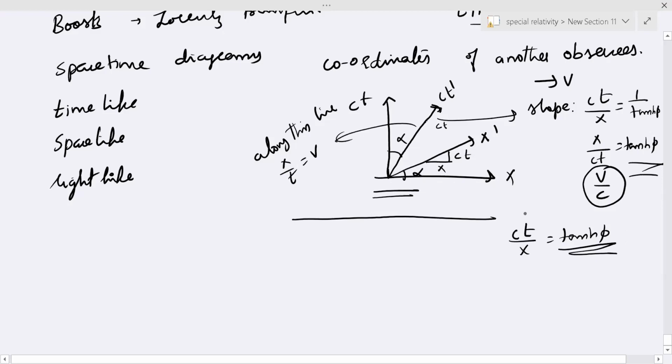So I want you to just notice the fact that this is a world line. This is the world line of the observer.